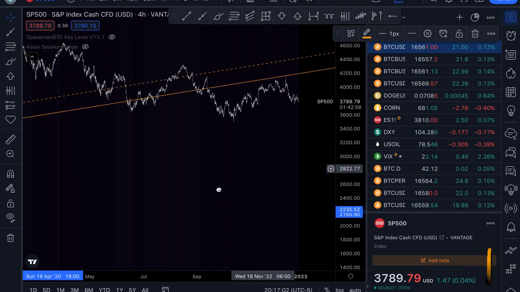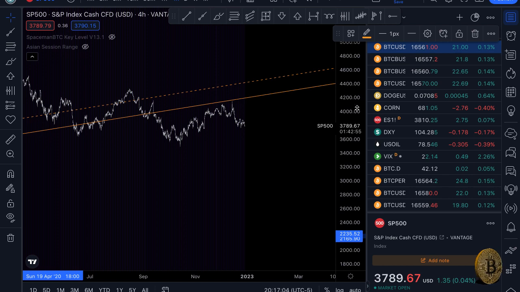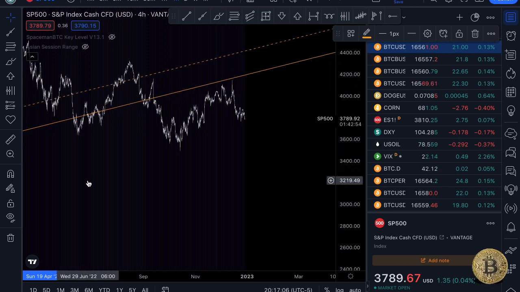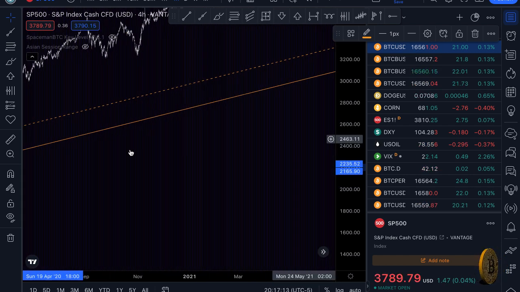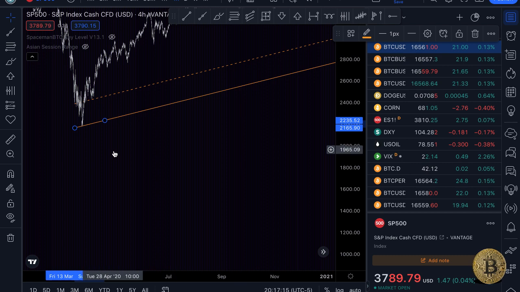So on the S&P 500, we are breaking down from this level, if that is the right one. You can draw this a few different ways. On S&P, it gets a little confusing, I think.